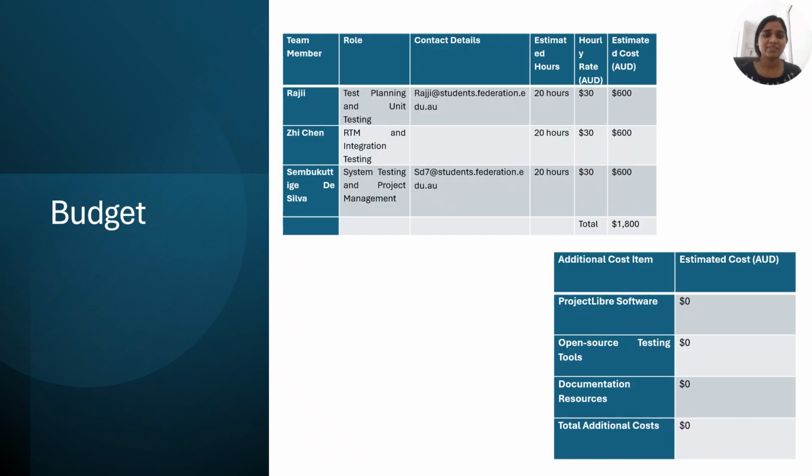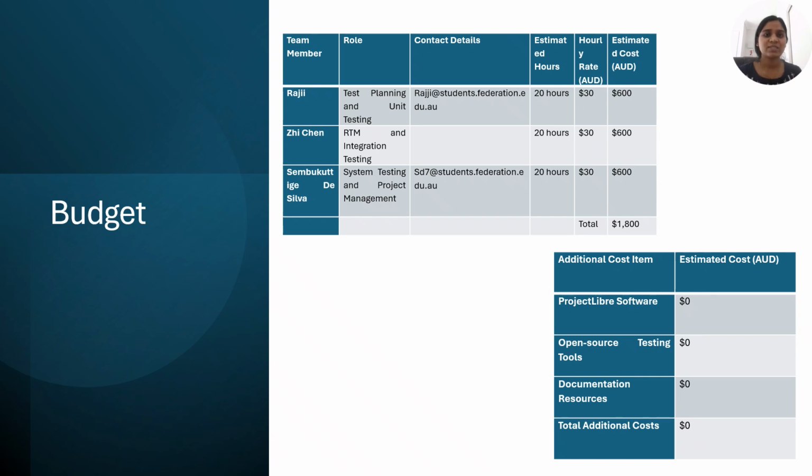This slide presents the estimated project budget prepared for the software test document project. The budget was mainly based on labor effort and workload allocation among the 3 team members. Each member was allocated approximately 20 hours of work with an estimated hourly rate of 30 Australian dollars, resulting in a total estimated project cost of 1,800 Australian dollars.